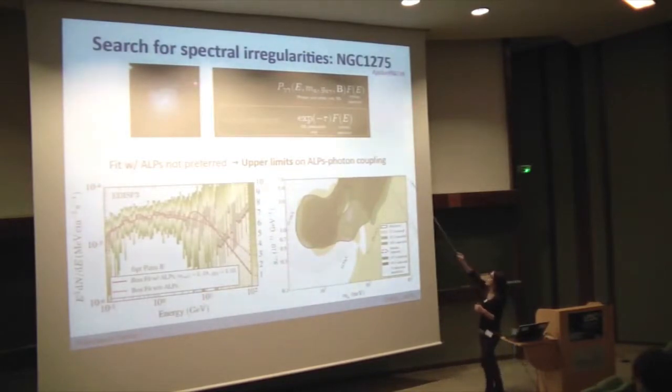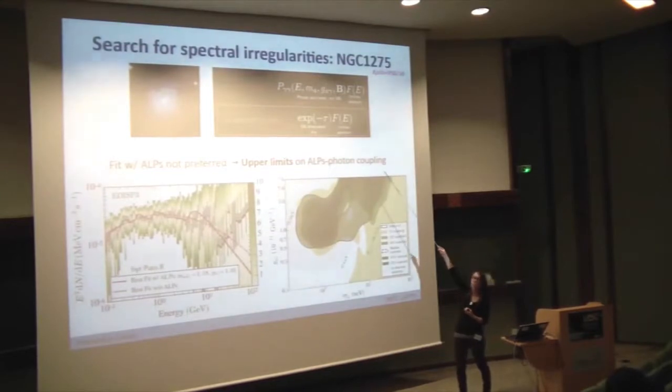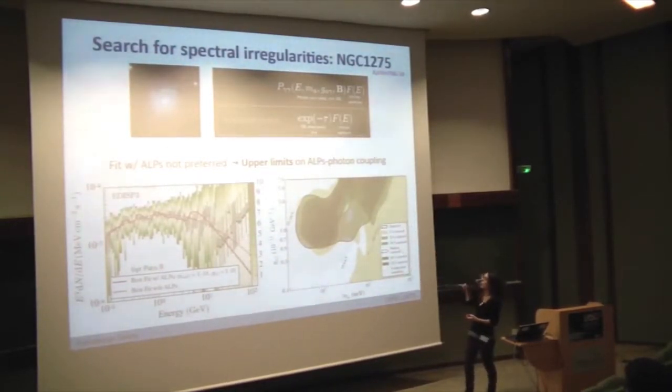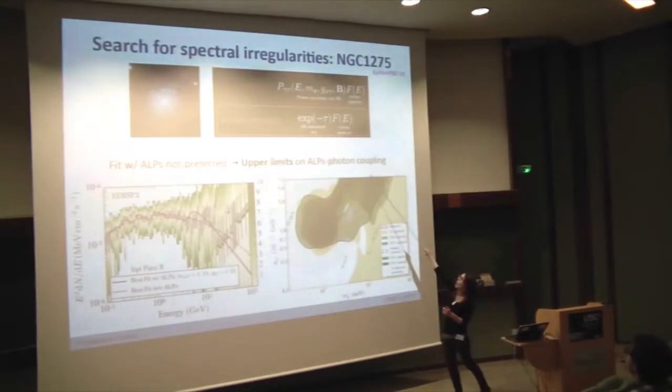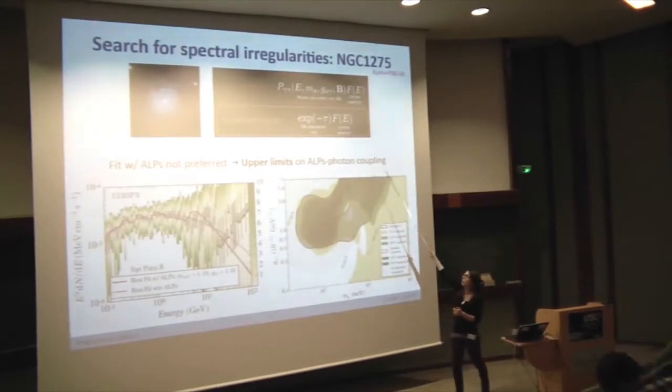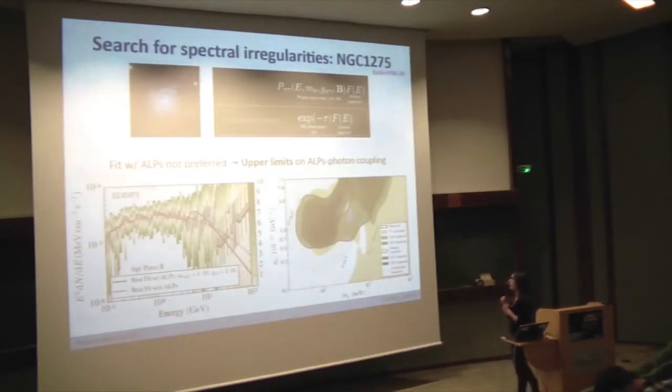When you have oscillations, you can parameterize the spectrum by convolving it with the survival probability of the photons, this P gamma gamma. And in the absence of the ALPs-photon coupling, you have only the intrinsic spectrum times some attenuation, that we will see later how this comes into play.